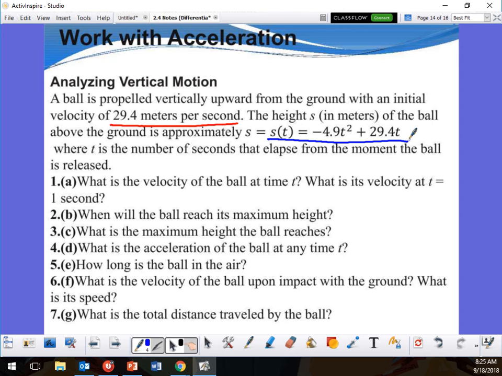So s of t equals negative 4.9 t squared plus 29.4 t. Okay, so you guys ready? Now, what is the initial position of this?